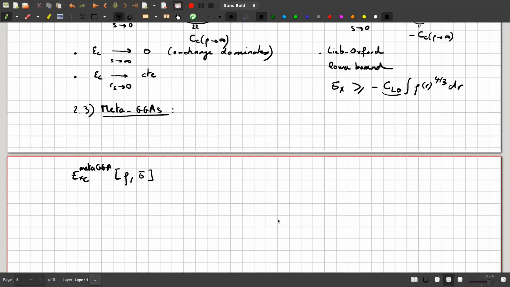So the meta-GGAs, as I said, are functionals of rho and tau as follows. You have some function that I will call E_XC meta-GGA, which can be any function, depending on rho of r, the gradient of rho of r, possibly the Laplacian of rho of r, and this new quantity that is called tau of r.